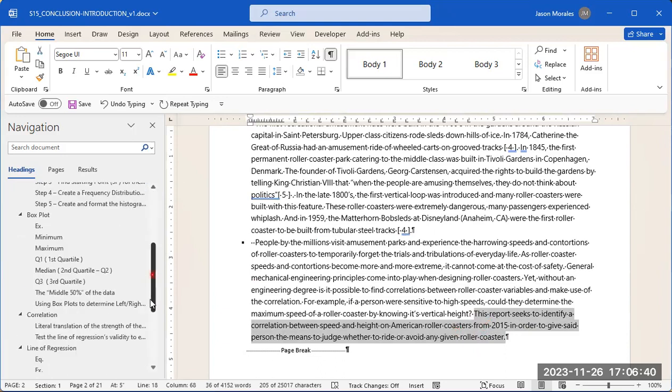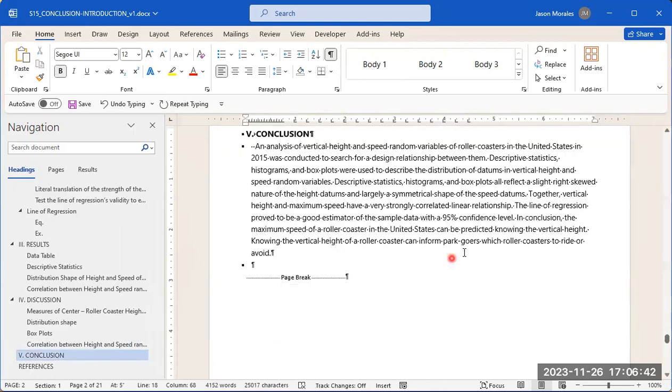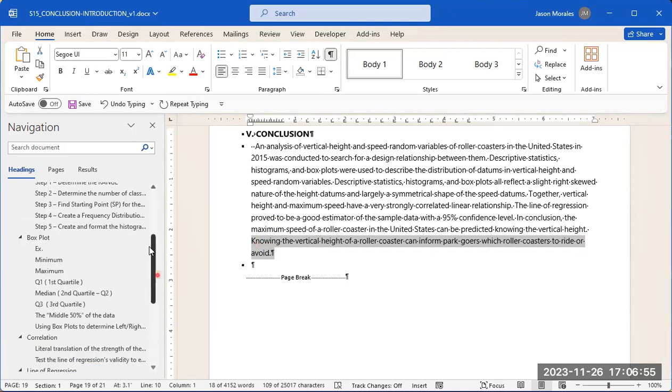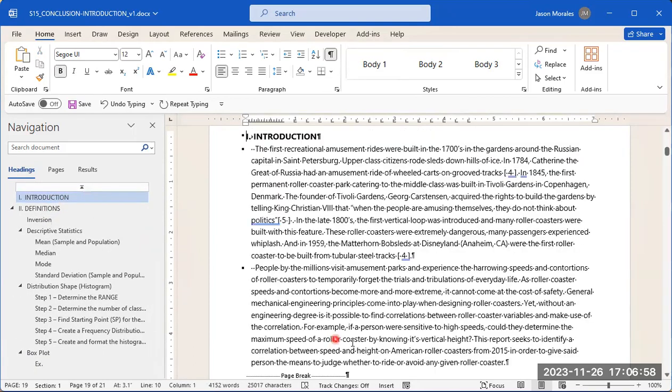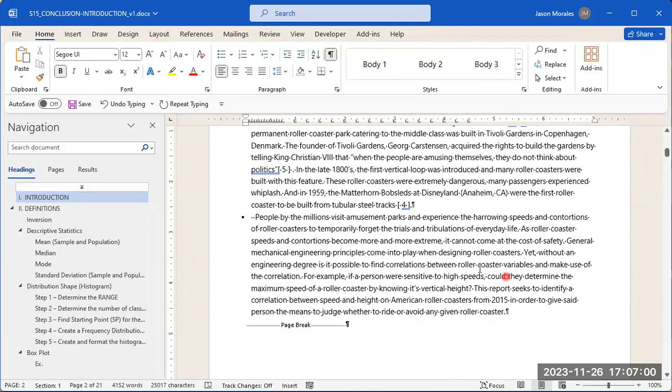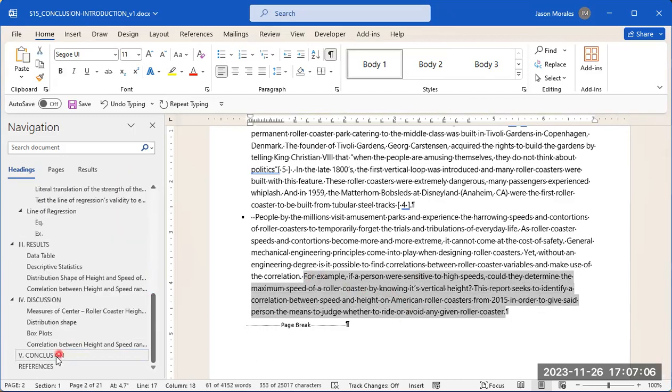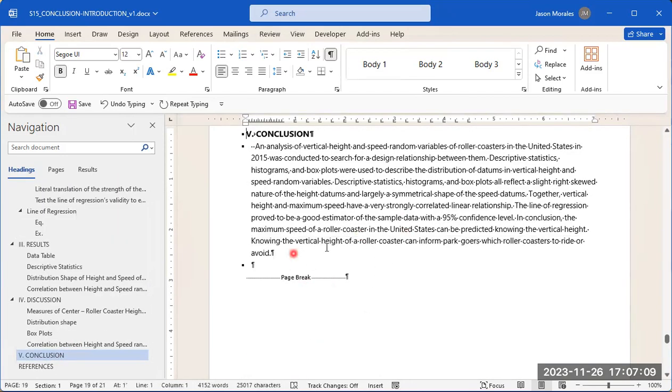And if we go down to the conclusion, I have: knowing the vertical height of a roller coaster can inform park goers which roller coasters to ride or avoid. So that same sentence that I put in my conclusion, you want to have that same sentence here in your introduction. So this last sentence is what this report is going to be about. And then therefore, that's what I should finally conclude this report with.